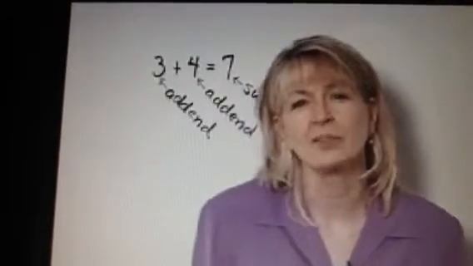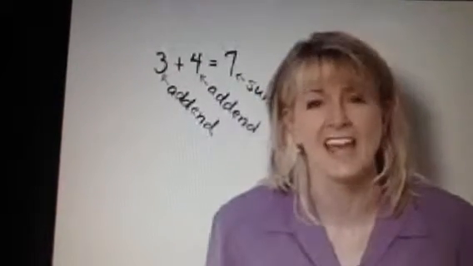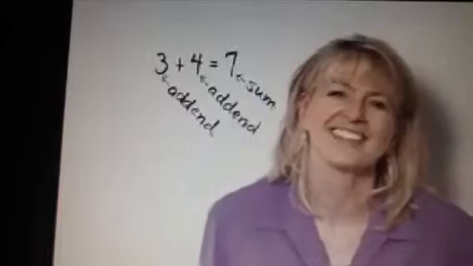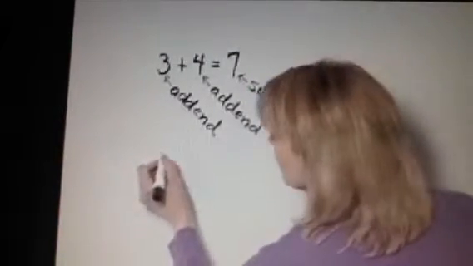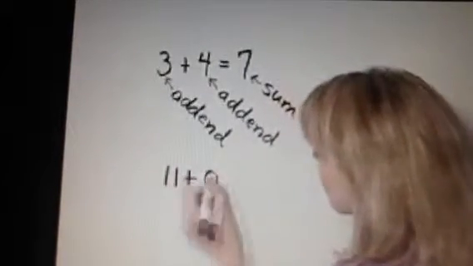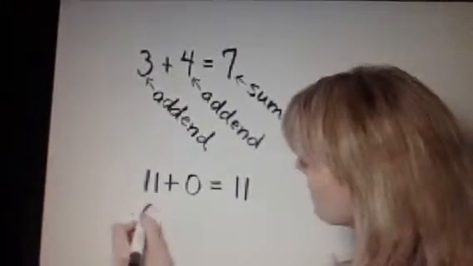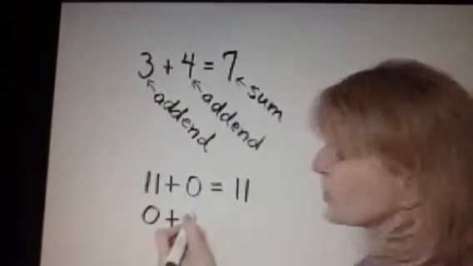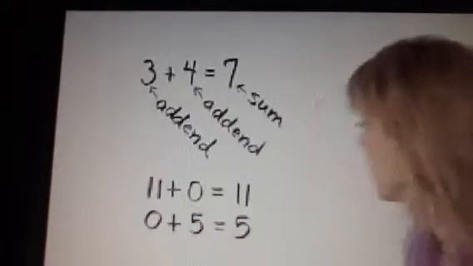For example, you'll notice that the sum of any number and 0 is that number, and we call that the addition property of 0. For example, 11 plus 0 is simply 11. Also, 0 plus, let's just use a one-digit number, 0 plus 5 is that number, 5.